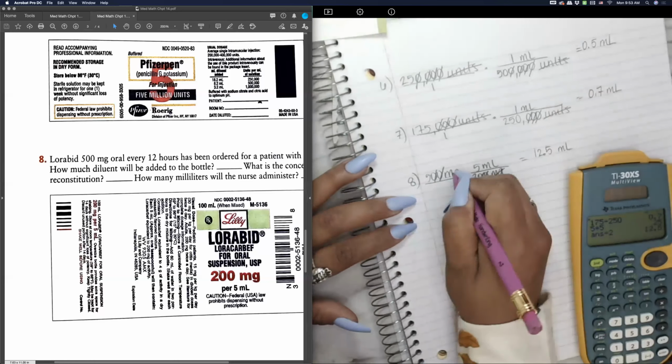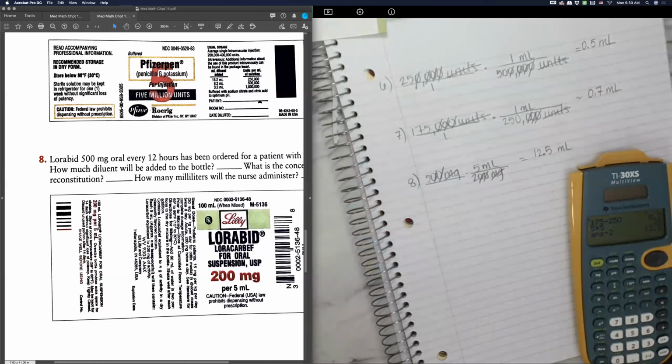Okay? And then we need to read our label, and it has right here, you can see my cursor. It's the directions for mixing. The directions for mixing: add 60 milliliters of water in 2 portions to the mixture in the bottle. Okay, so how much diluent will be added to the bottle? We're adding 60 milliliters.